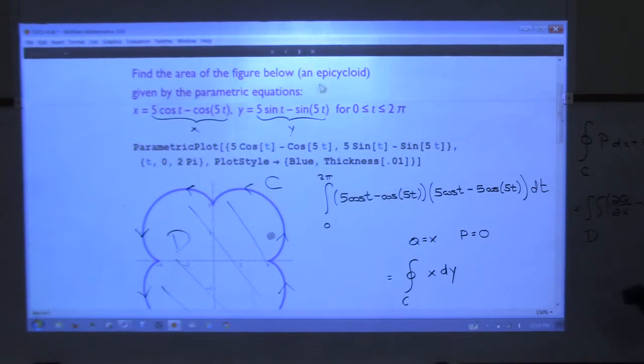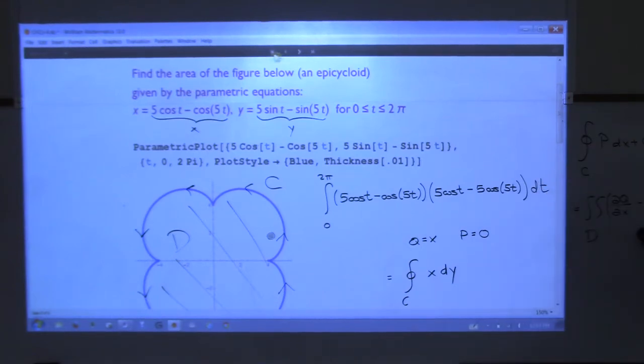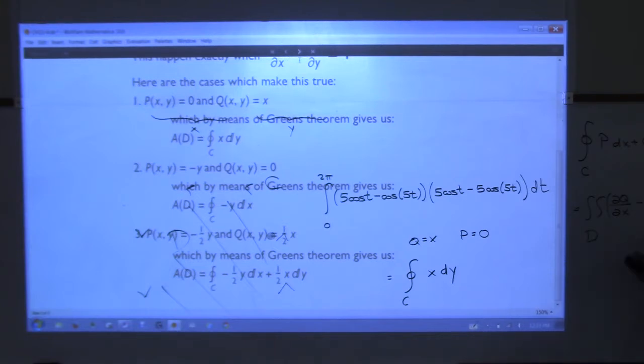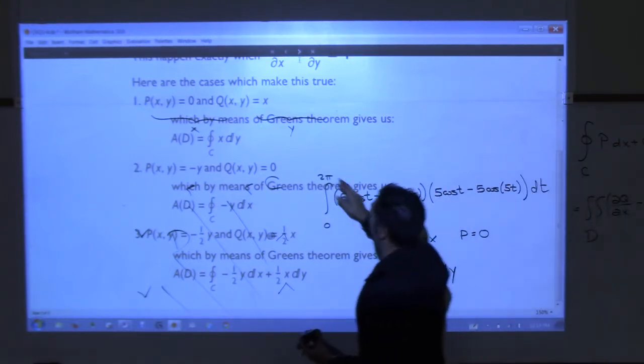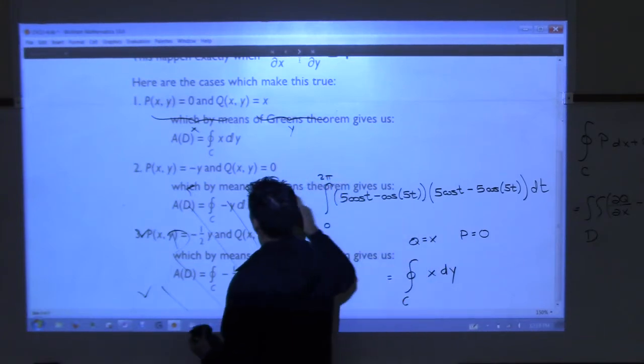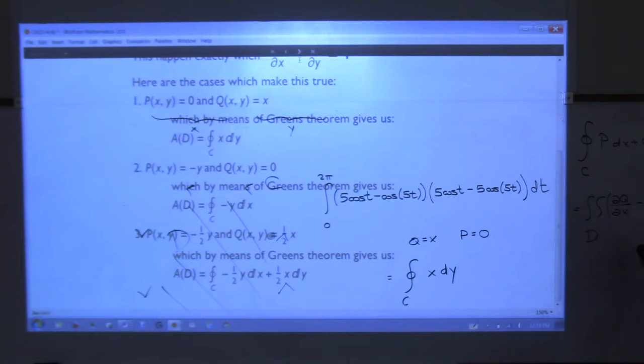Okay, just out of curiosity, would this have been any better had we used one of the other 2 formulas that I gave you? So would it have been better? I said one way we could achieve this is by letting q be x and p being 0. We could have also achieved this with p being negative y and q being 0.